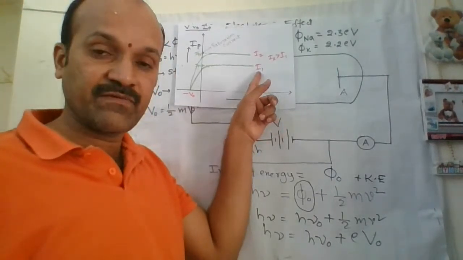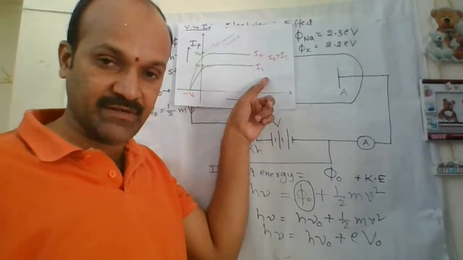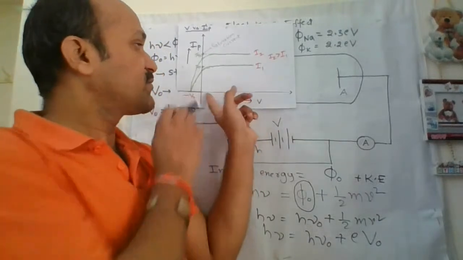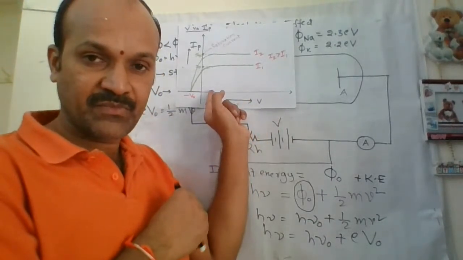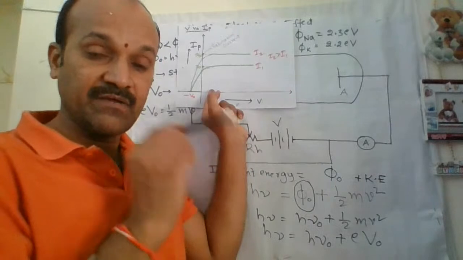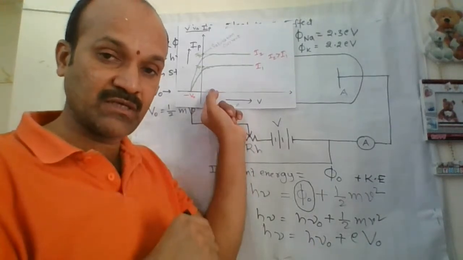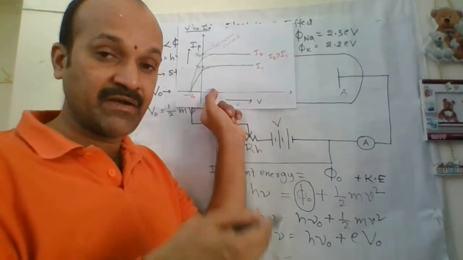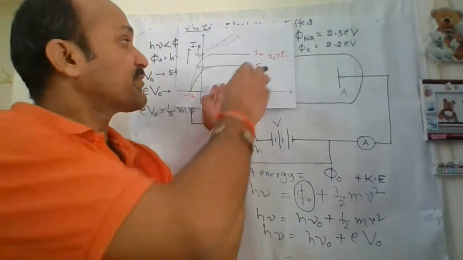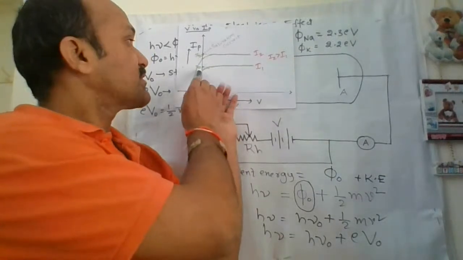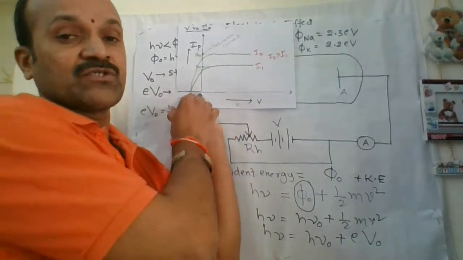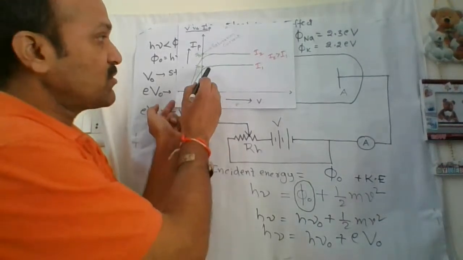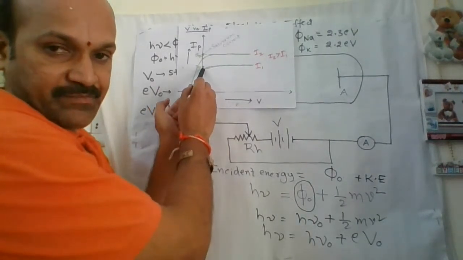Say for intensity of light I1, initially, even though it's zero potential, if that photon has sufficient energy to give some kinetic energy to the electron, then for that intensity, even at V equal to 0, some photocurrent may be seen.